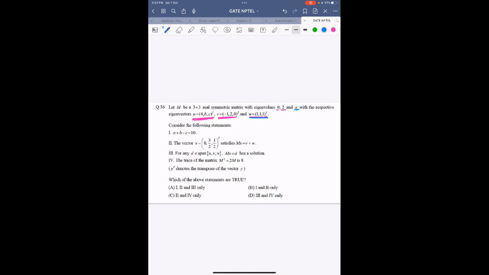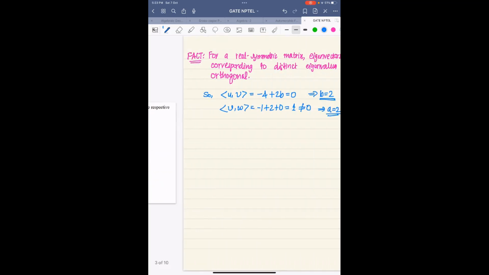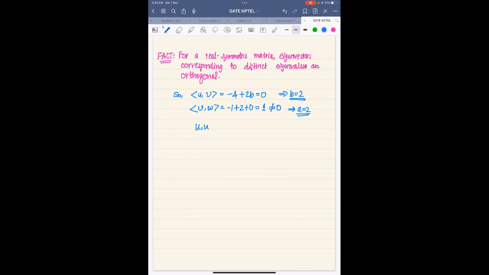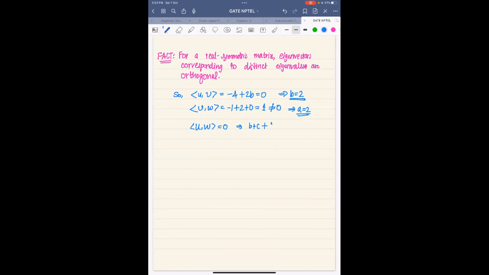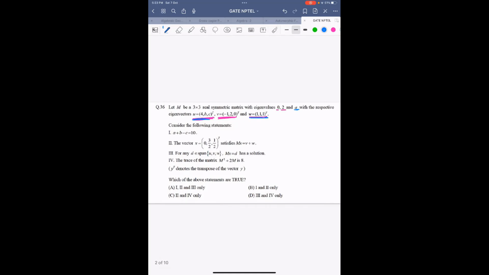And we also have that u and w must have inner product 0, because the eigenvalues are different, and this means that b plus c plus 4 is equal to 0, right?